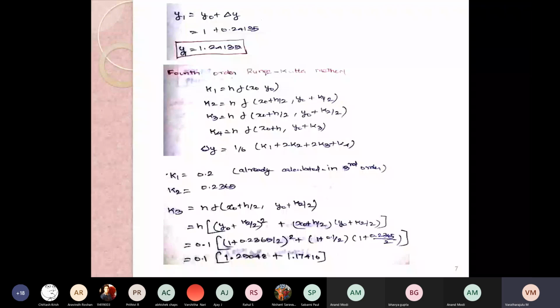Please remember the given physical phenomenon: y square plus xy. Wherever we have x, we are going to adjoin h by 2, and wherever we have y, we are going to add k2 by 2 in K3 during the calculation of K3.